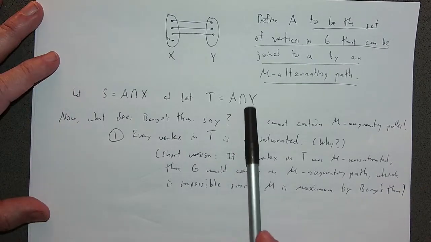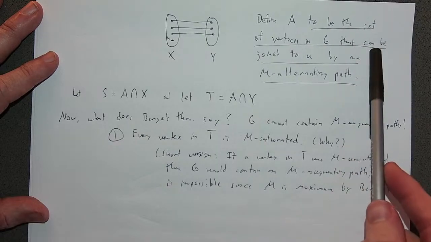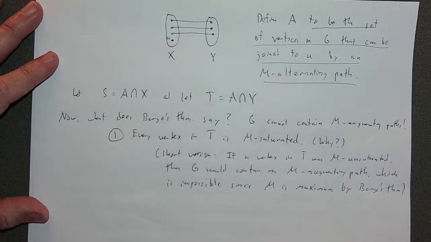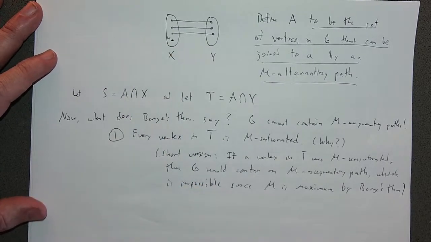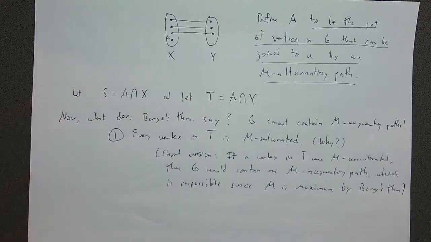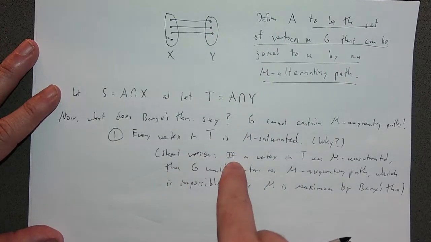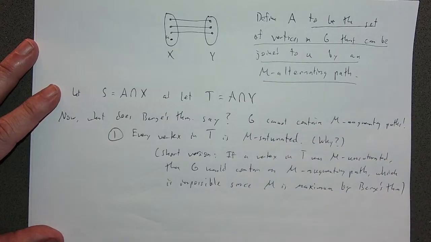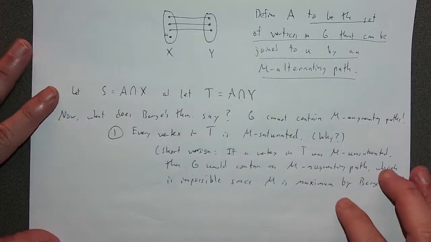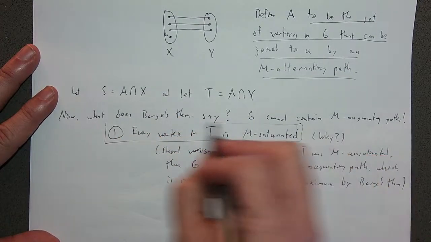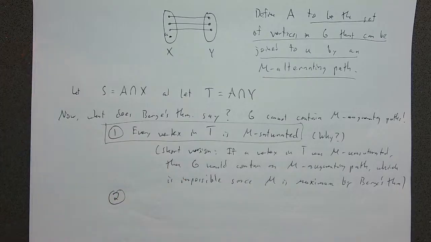Because T is the set of all vertices in Y that can be connected to U by an M alternating path, and U is not saturated by M, U is a valid starting point for an M augmenting path. And if it ends at a vertex in Y that is M unsaturated, that would be an M augmenting path, but that violates M being maximum by Berge's theorem. So every vertex in T is M saturated. That's the first thing. Similarly, the only unsaturated vertex of S is U.